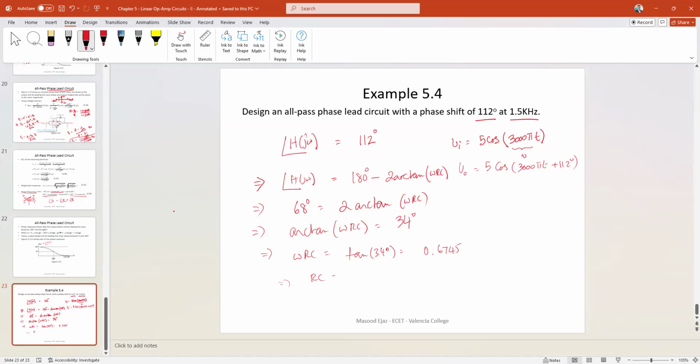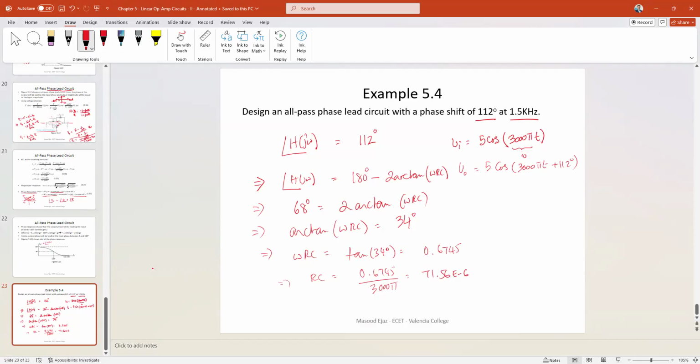Which means the product of R and C is 0.6745 over omega, which is 3000 pi. Divided by 3000 pi, that gives us 71.56 times 10 to the negative 6.